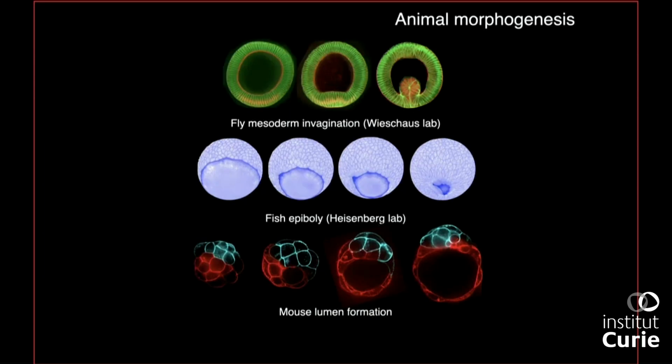When it comes to morphogenesis, in the past 20 years or so, we have learned a great deal about animal morphogenesis. There was pioneering work in the late 90s and early 2000s in fly embryos. Here you see a fly embryo undergoing gastrulation, with the mesoderm cells, initially in the same plane as the rest of the cells, the ectoderm, involuting and separating into a distinct layer to form two different layers.